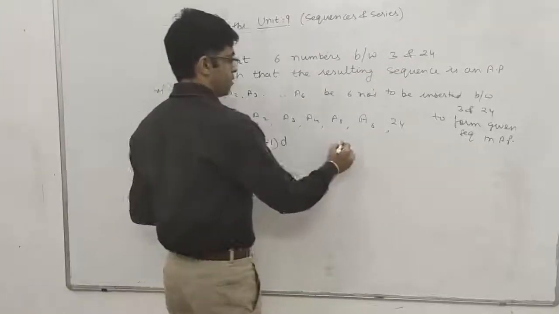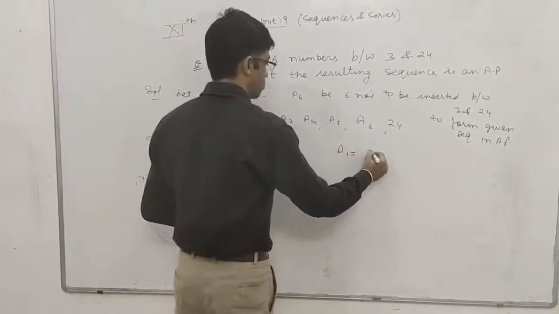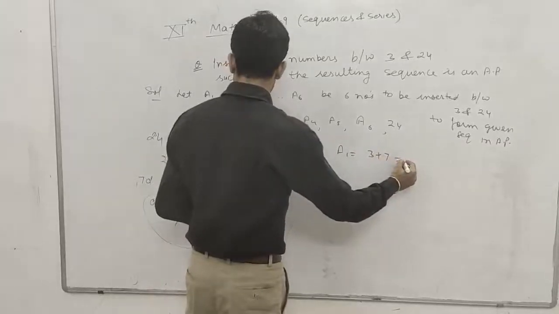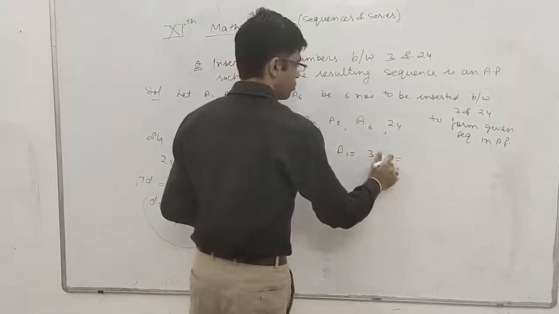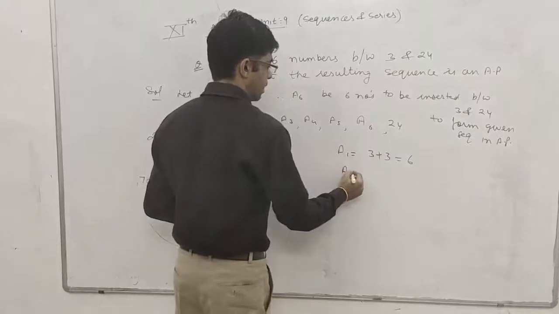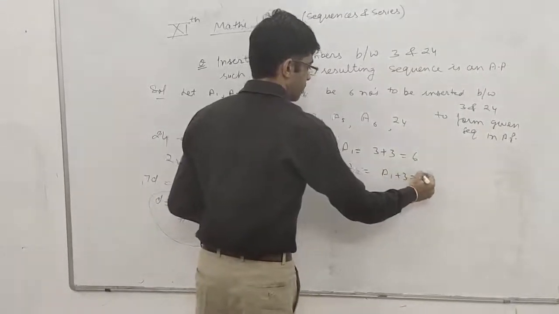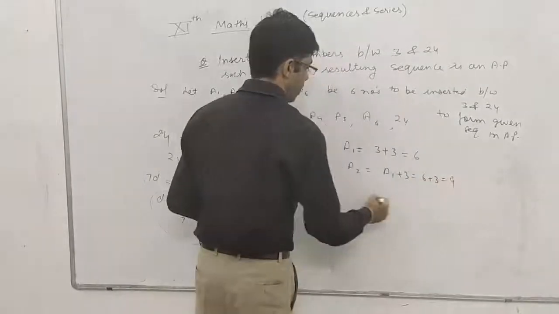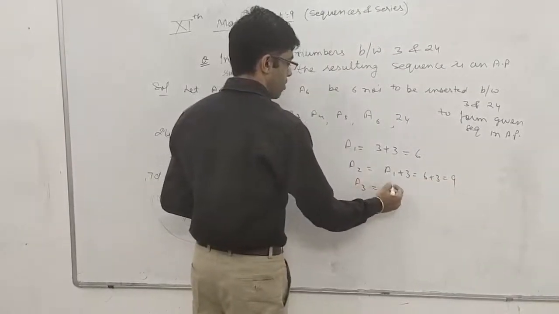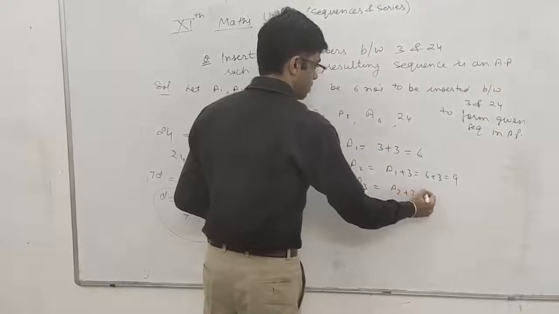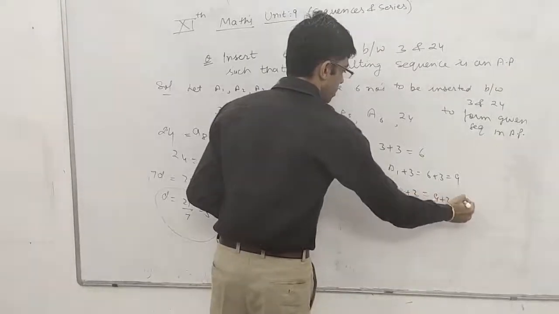So the first term a1 is equal to 3 plus 3, which is 6, and the second term a2 is a1 plus 3, means 6 plus 3 is equal to 9. The third term a3 is 9 plus 3, 12.